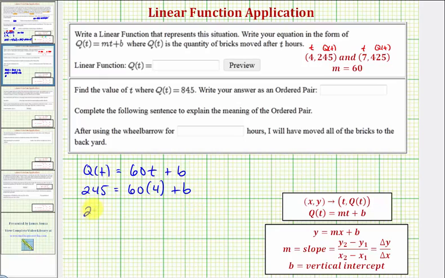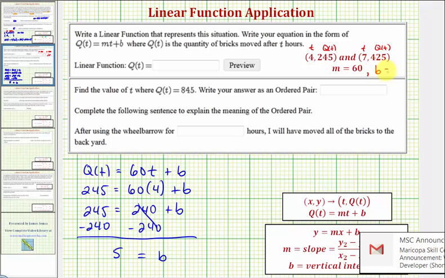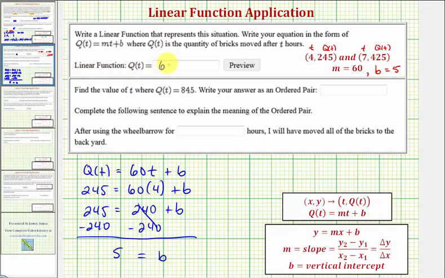We have 245 equals 240 plus b, subtracting 240 on both sides. We can see the vertical intercept is 5. So if we know the slope equals 60 and the vertical intercept equals 5, we'd have Q of t equals 60t plus 5.